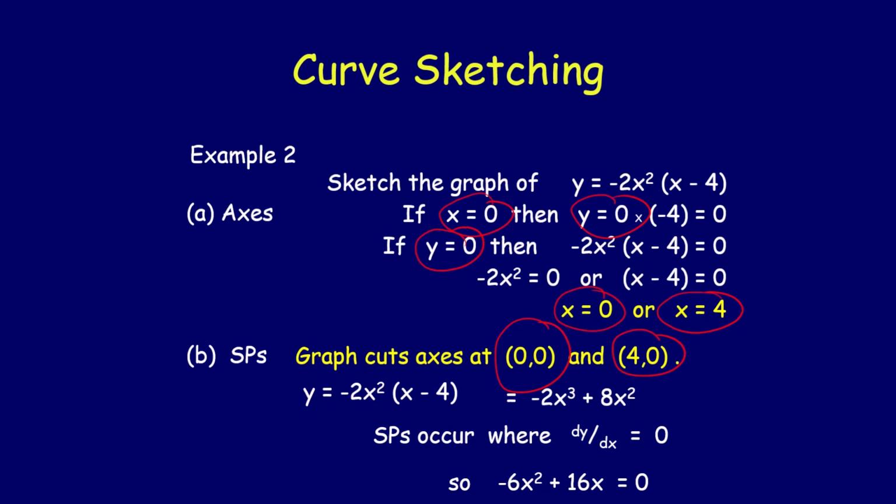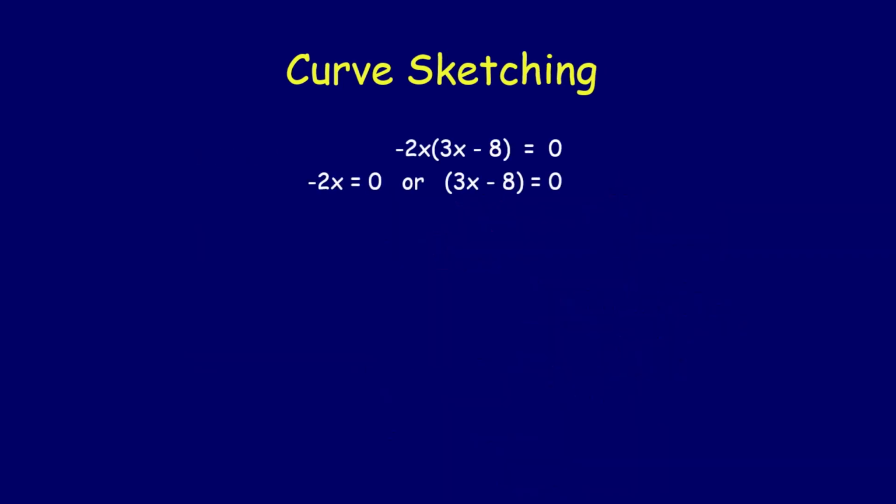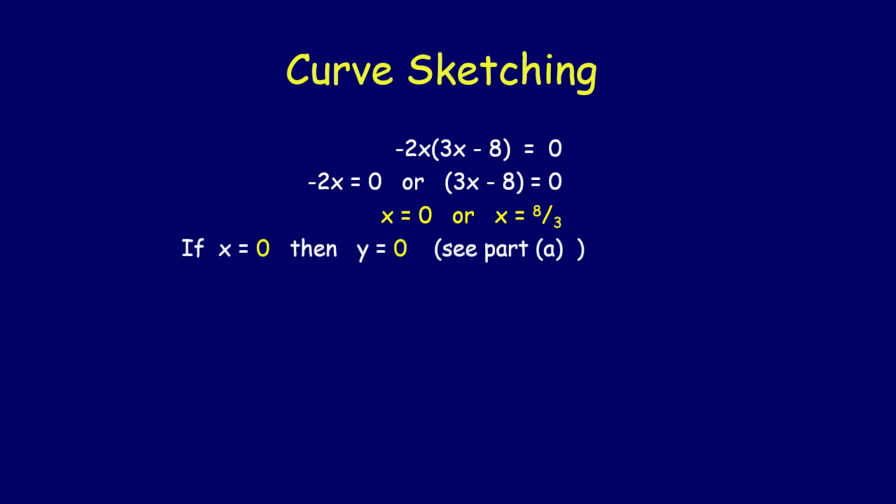So you factorize what is common. Negative 2x is common. So you get negative 2x equals 0, or 3x minus 8 equals 0. So you get x equals 0 and x equals 8 over 3. Those are the values of x at which we have the stationary points.